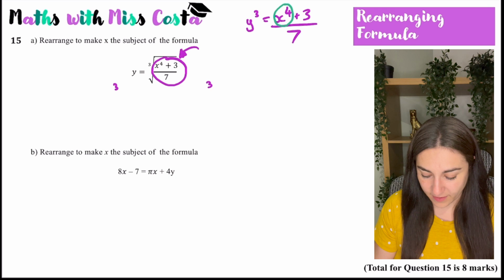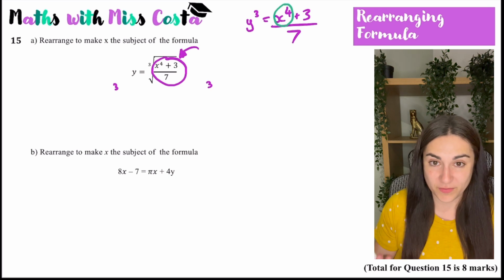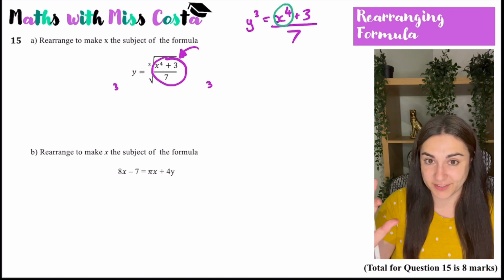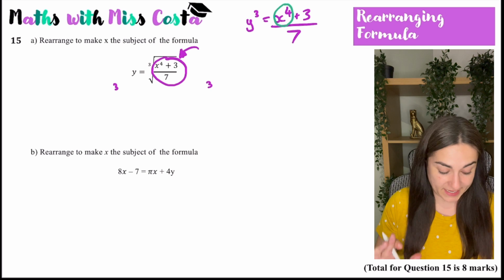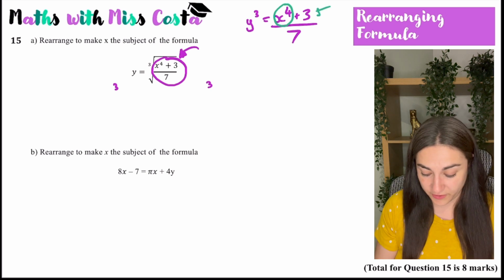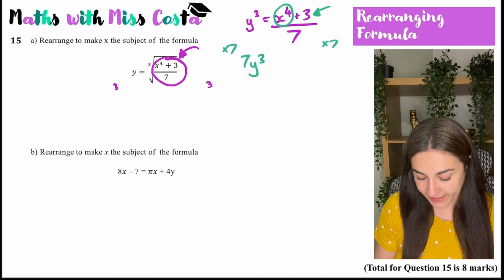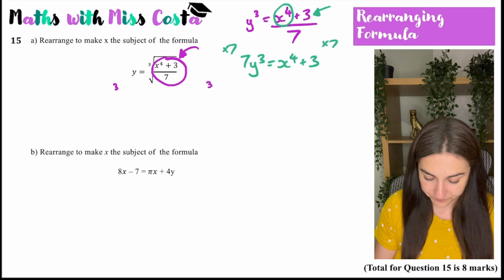Then we've got it into a nice little fraction and we can just do what we normally do. Because x is stuck up here, we can't move anything up here. If something's in a fraction, you have to first eliminate the denominator before you can touch anything on the numerator. So everything is being divided by 7, so we times both sides by 7. So that would be 7y cubed equals x to the power 4 plus 3.